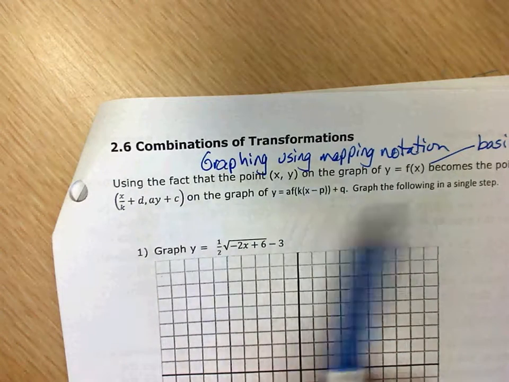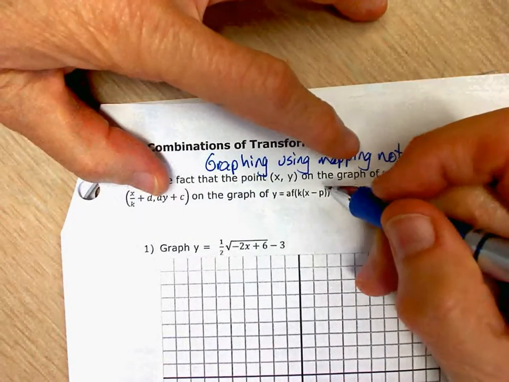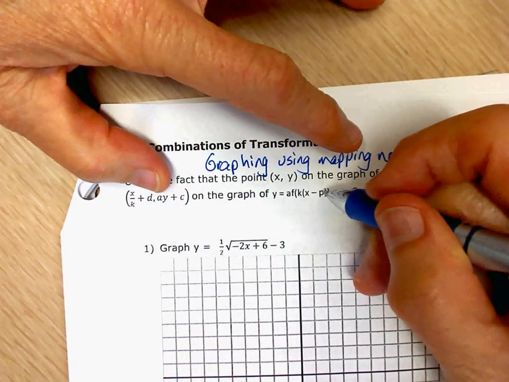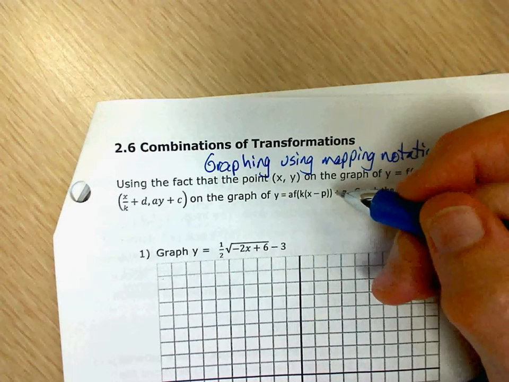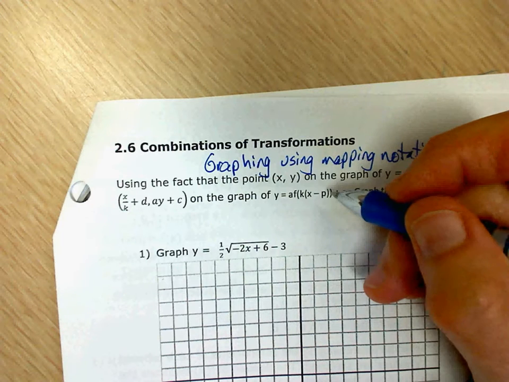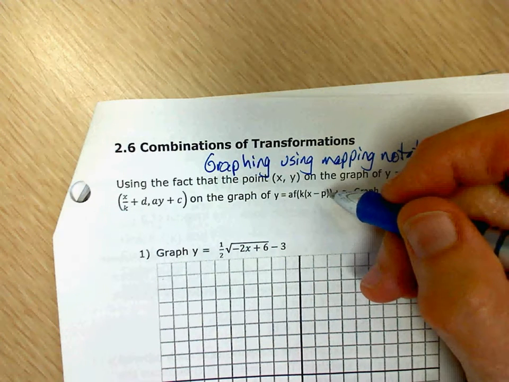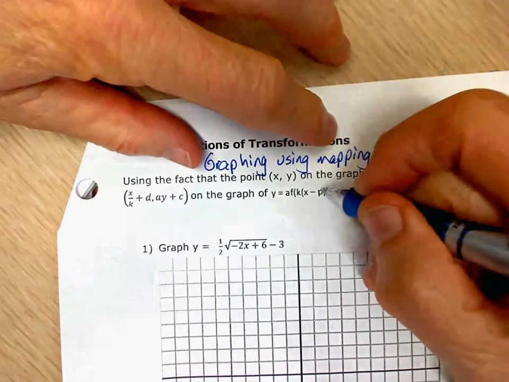So this is a little bit wrong here. Change this p to a d. Yeah, d, c. This is d, this is c. Okay?